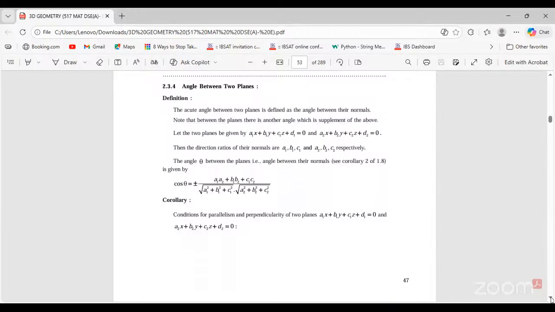Now, the next concept is the angle between two planes. First, consider the angle between two lines. There are two lines intersecting at point P. Here is one angle, one more angle, and one more angle.